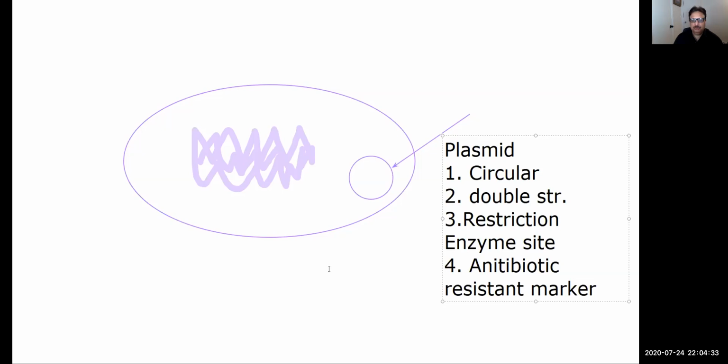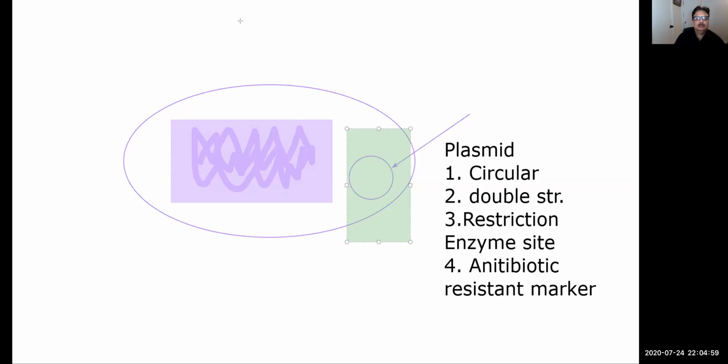Now let's go a little bit deeper. This is the major DNA, the main DNA. Main DNA means if this is lost, bacteria will die.